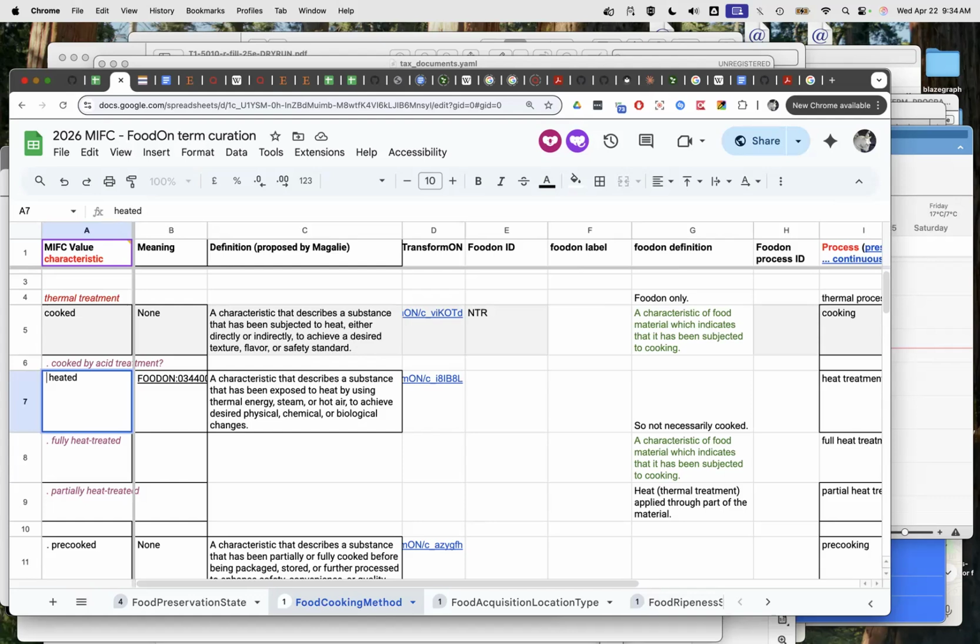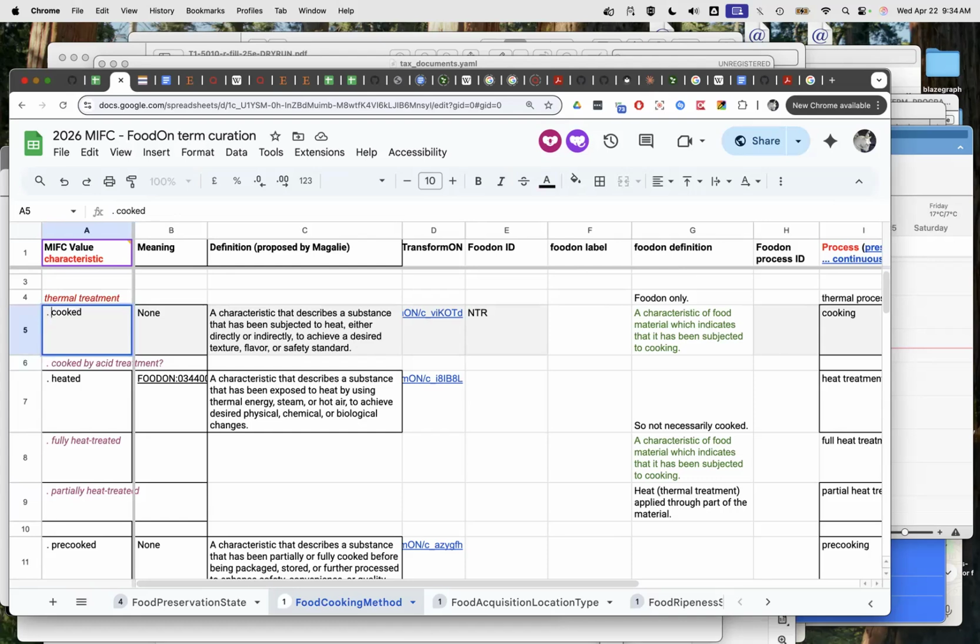Actually, one level down because of thermal treatment. So cooked by acid treatment is a subclass of cooked. Oh God, then I have to change my definition.